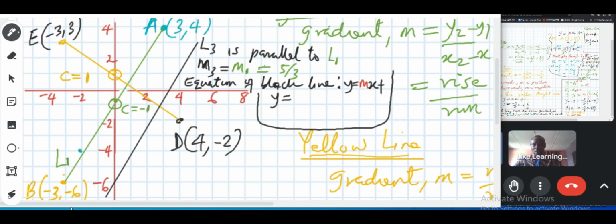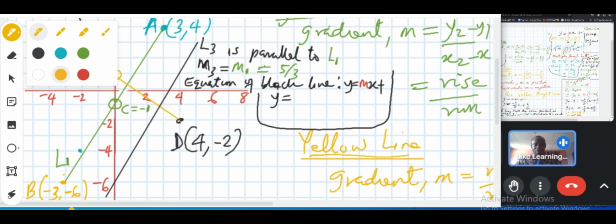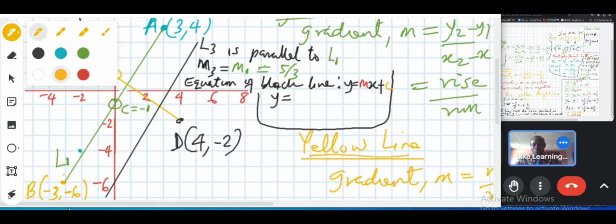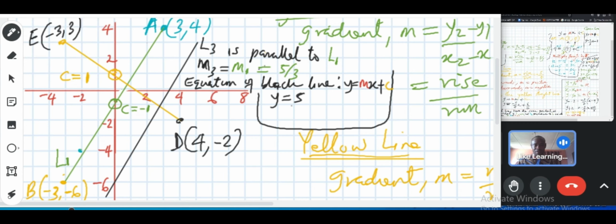So that's simply y equal to 5/3x, because the gradient is 5/3. And so that's just y equal to 5/3x. The c is simply -6.